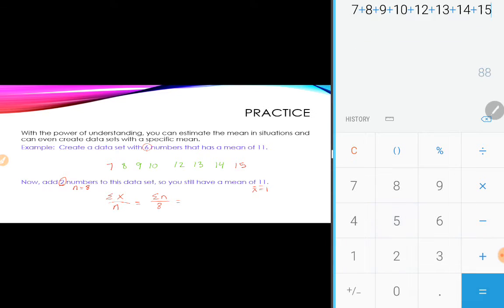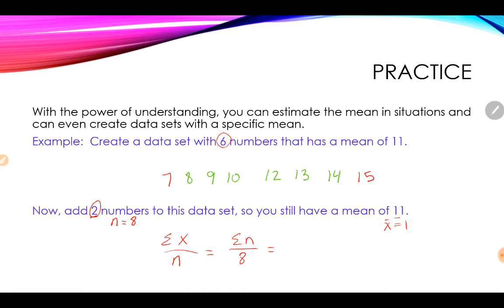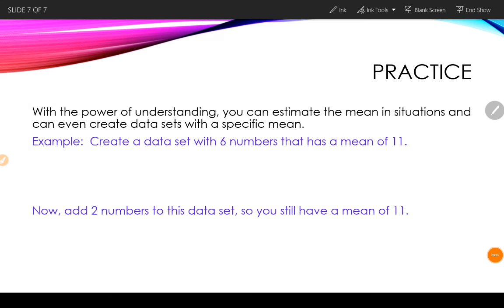Again, hit equals before you hit divide. And divide this by 8, and sure enough, we'd still have that mean of 11. So that's all well and good. That's an easy example of how to do these two problems. It certainly could get more interesting.